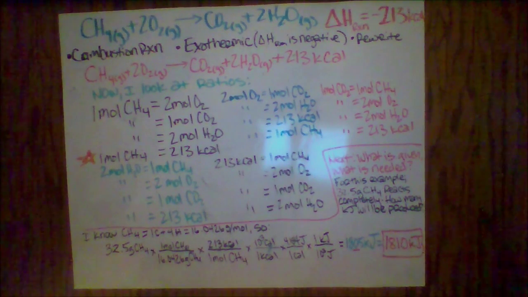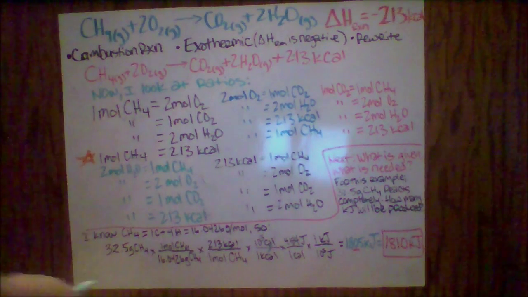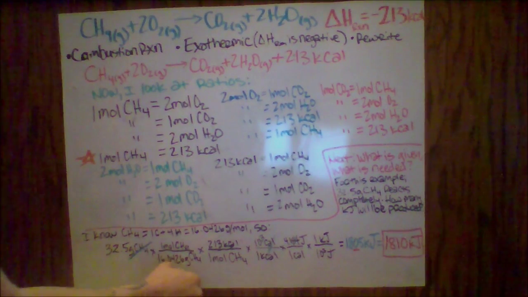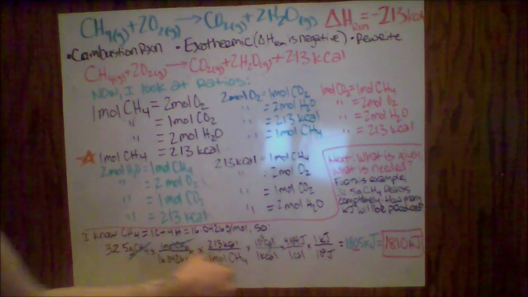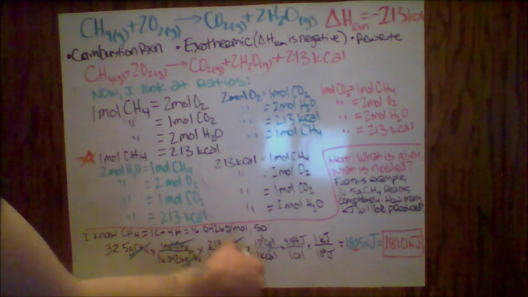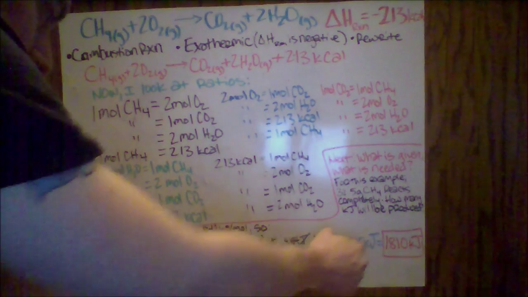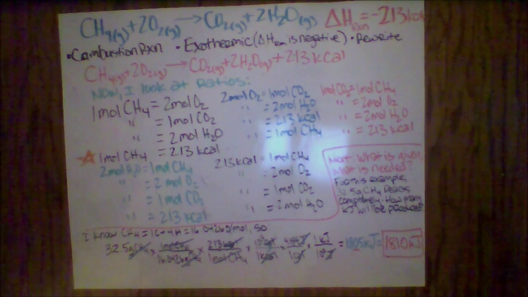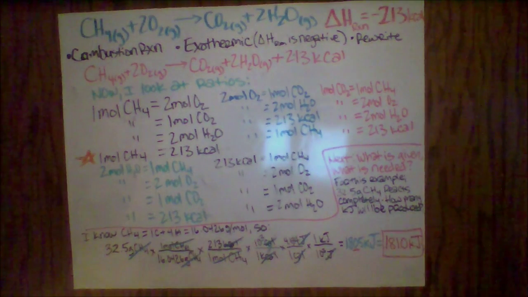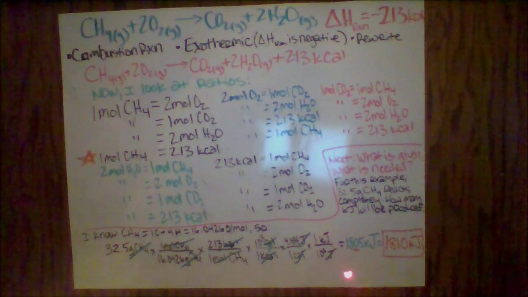When you do all your math across, you'll see that your grams of CH4 cancel. Moles of CH4 cancel, kcal cancel, cal cancel, joules cancel, and you're left with only kilojoules, which is what the problem's asking for.